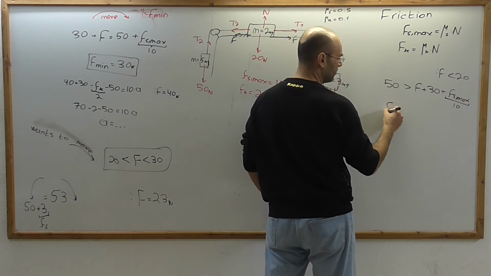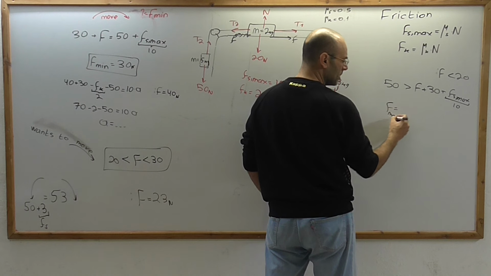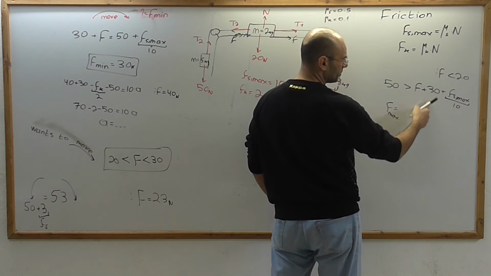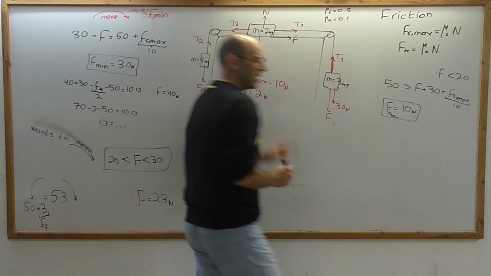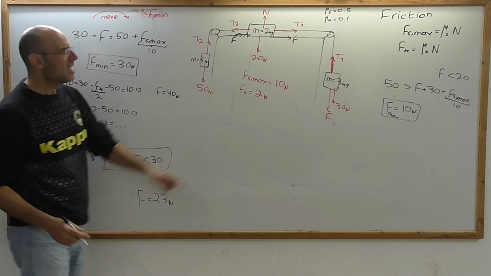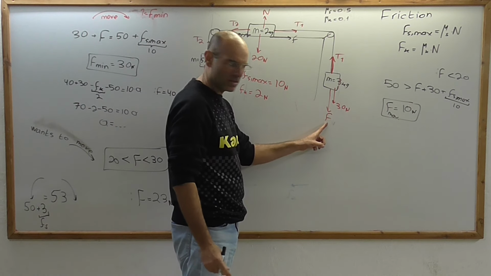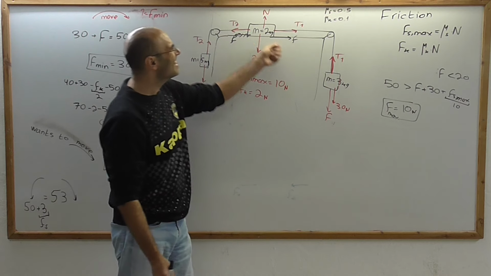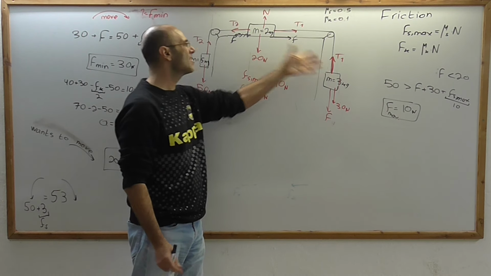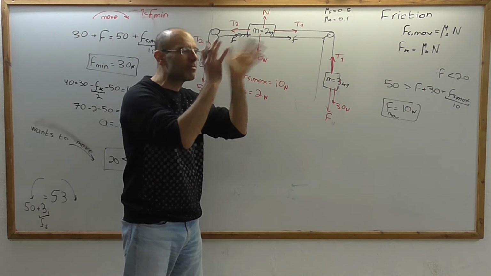So F maximum will be 10 newtons. Again, what do 10 newtons mean? If I apply 10 newtons, it means that this is 50, this is 40, and the friction can adjust the maximum and it will be on the verge of moving.